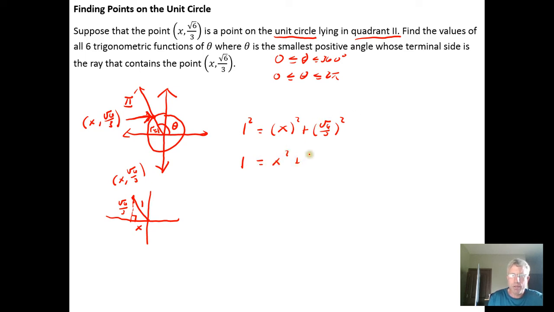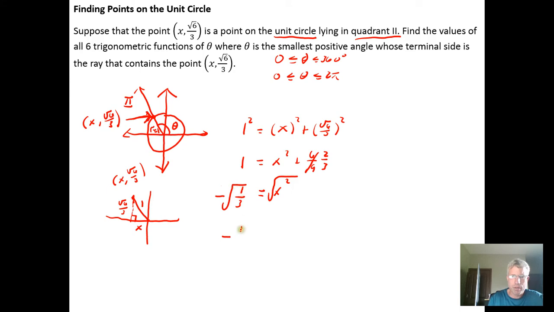Square root of 6 squared is 6, 3 squared is 9. This would simplify to 2/3. Subtract 2/3 from both sides and that will leave us with 1/3 here. Take the square root of both sides. Usually we get plus or minus, but in quadrant 2 the x coordinate is going to be negative, so we want the negative square root. So we get negative.